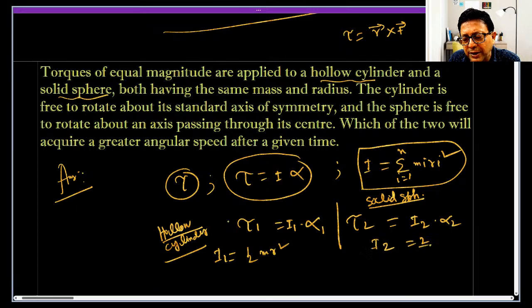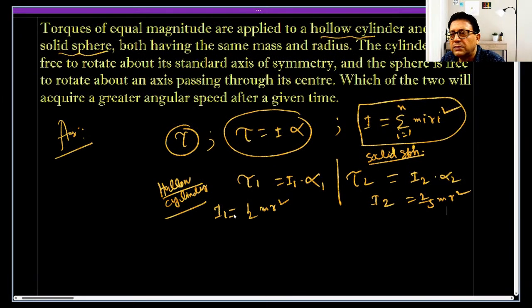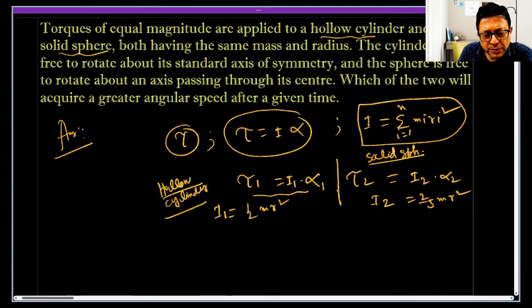This I2 will be 2 by 5 m r square. Do one of the two, either this or that, you cannot waste your time here. So the angular acceleration produced here is alpha 1 and here it will be alpha 2. So tau has the same value.